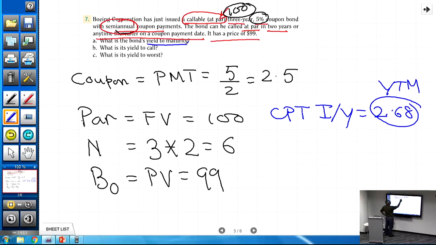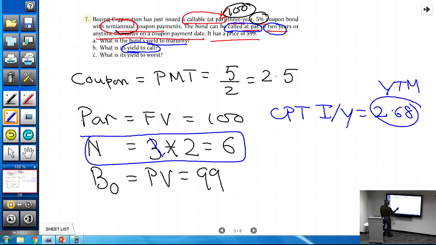My yield to maturity. What is the yield to call? Yield to call is based on the fact that the bond can be called at par in 2 years. So what does that mean? It means that now the N is not 3.